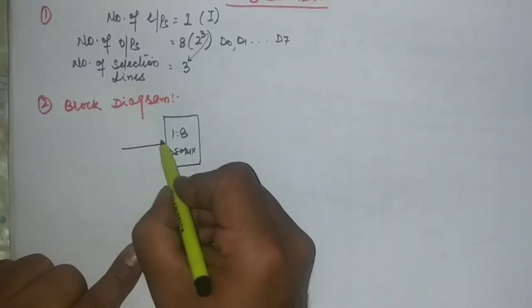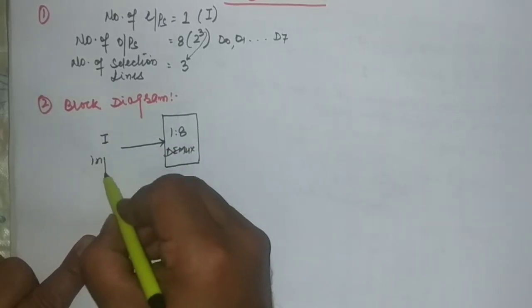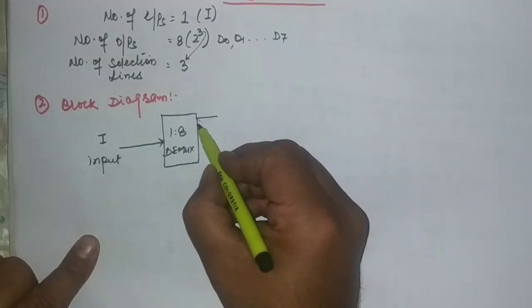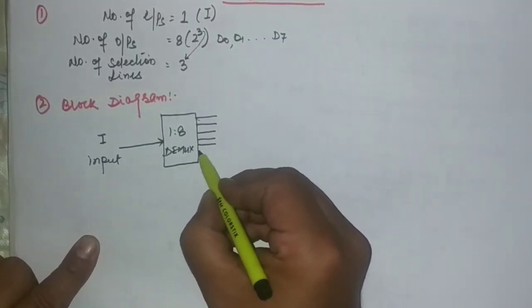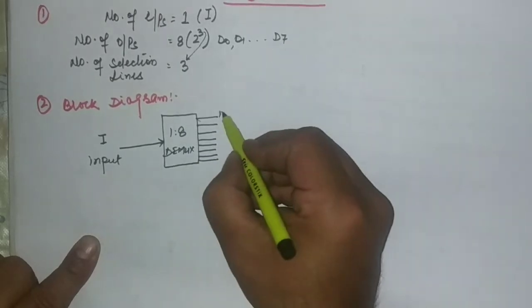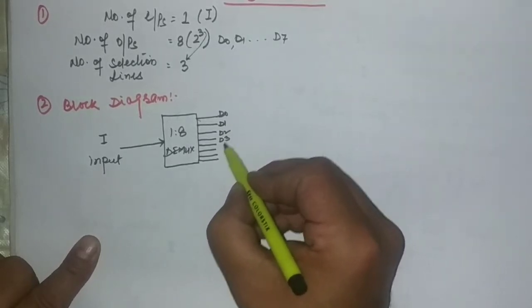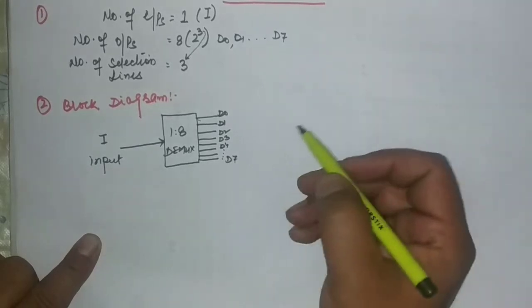This is the input I. These are the outputs, 1, 2, 3, 4, 5, 6, 7 and 8, so D0, D1, 2, 3, 4, 5, 6 and obviously 7.